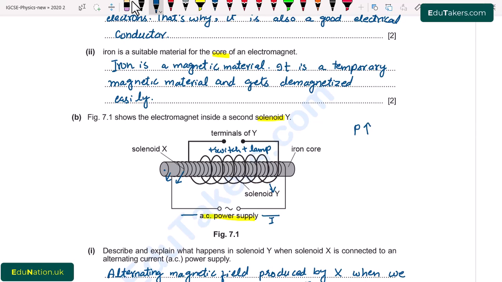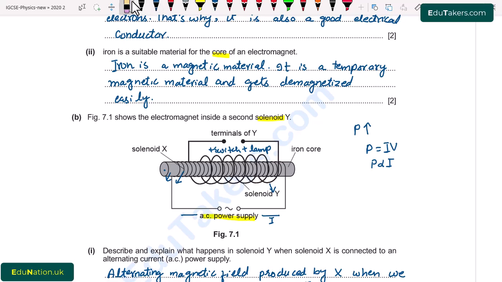We know that P is equal to IV, which means P is directly proportional to I. When more power is required, the current must increase. So the current in X will have to increase in order to supply the power used in the lamp.